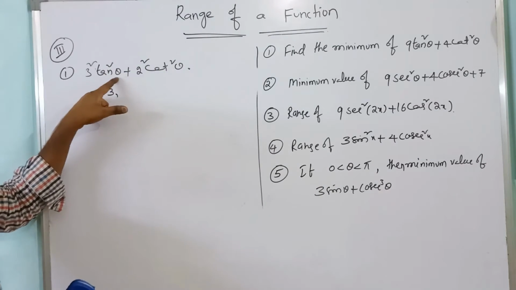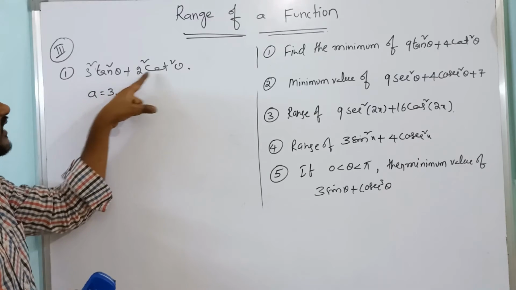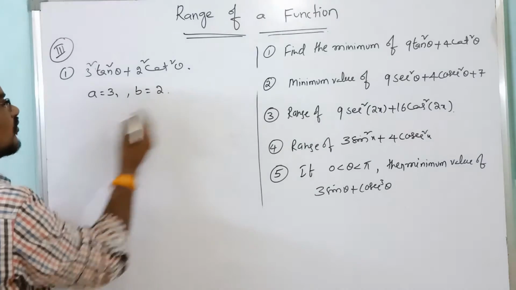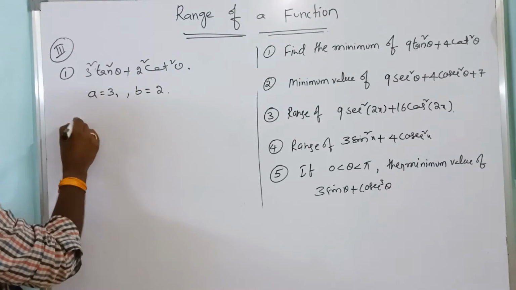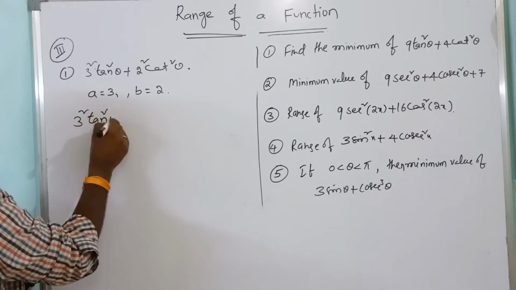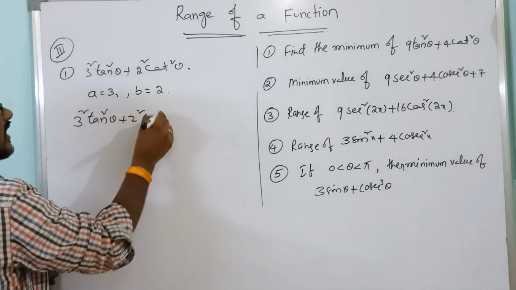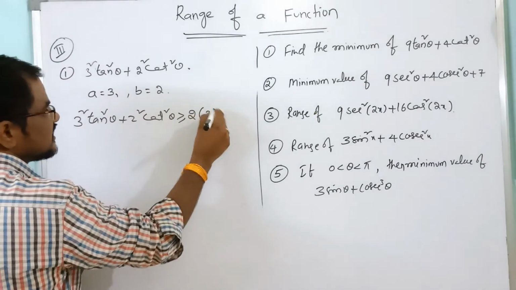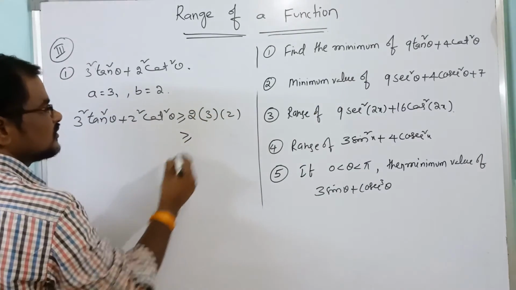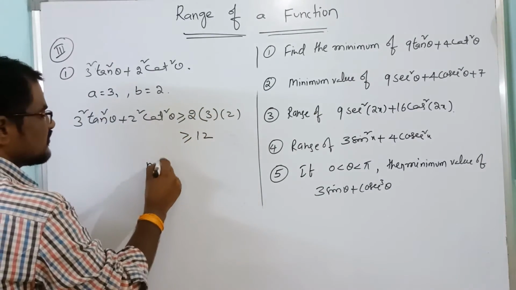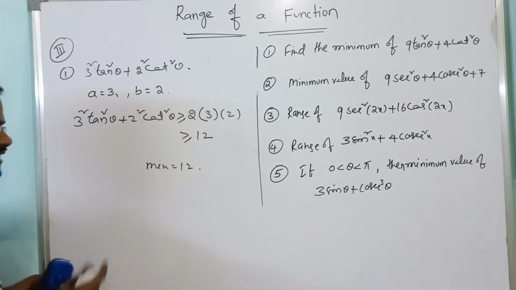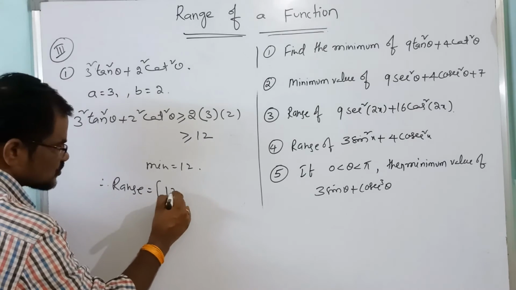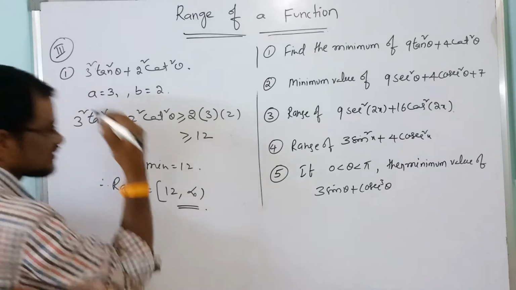So a equal to 3, b equal to 2. So 3 square tan square theta plus 2 square cot square theta is greater than or equal to 2ab, that is 2 into 3 into 2, equal to 12. So the minimum value is 12. If they ask for the range, it is the closed interval 12 to infinity.